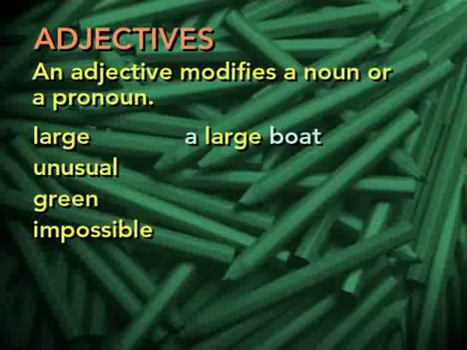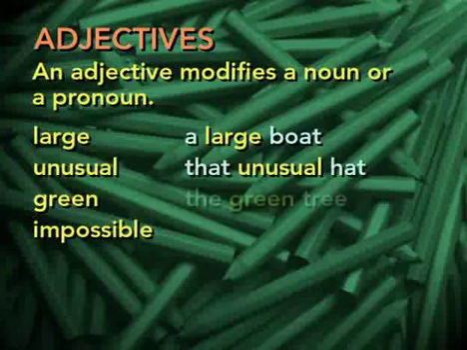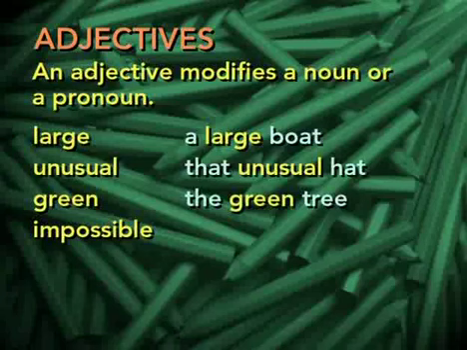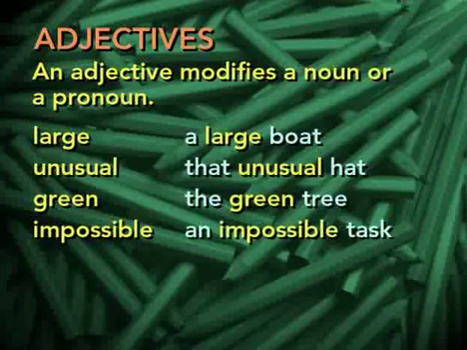In the same way, the adjective unusual would give more information about the noun hat, in a phrase like that unusual hat. The green tree, the adjective green gives more information about the tree. And an impossible task, the adjective impossible gives more information about or explains something more about the noun task.